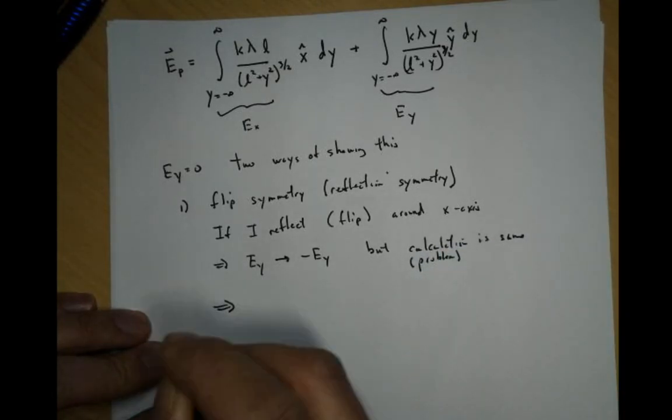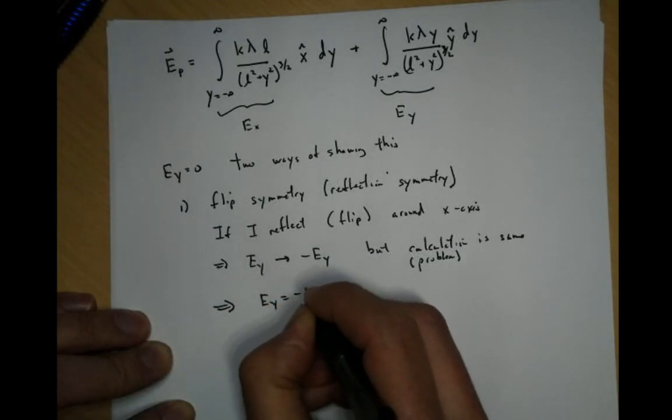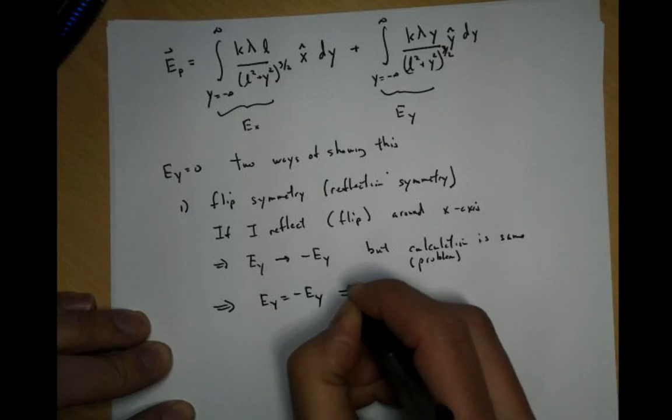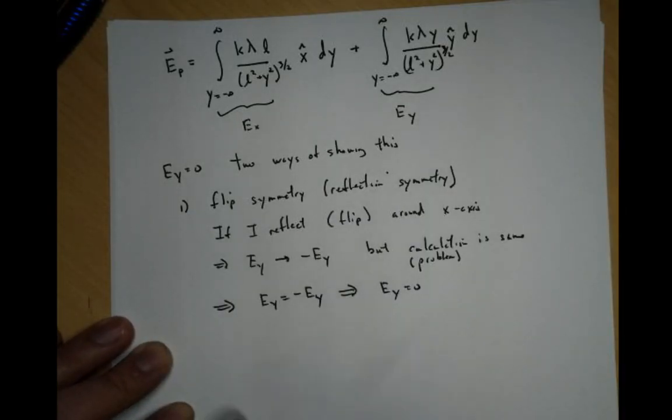Because nothing has changed, Ey has to equal minus Ey, and this implies that Ey has to be 0. So that's the first argument.